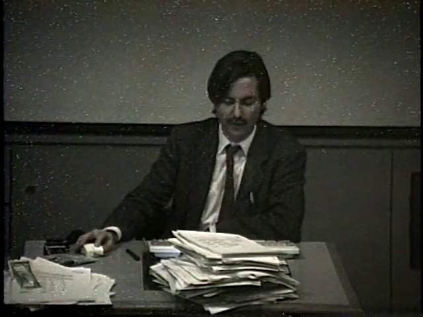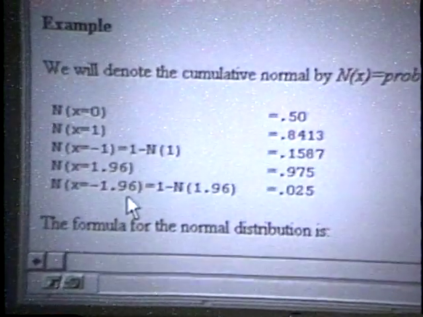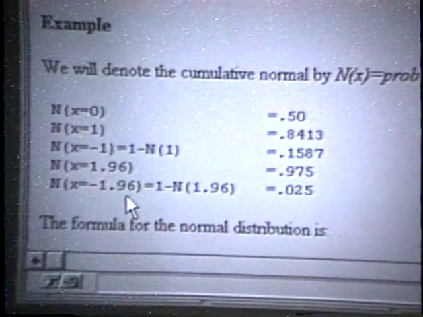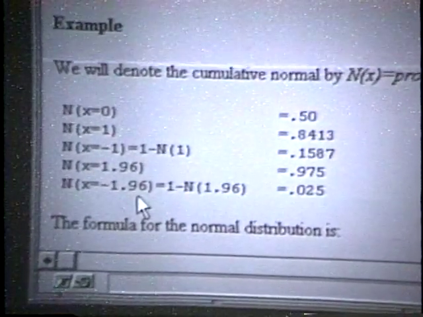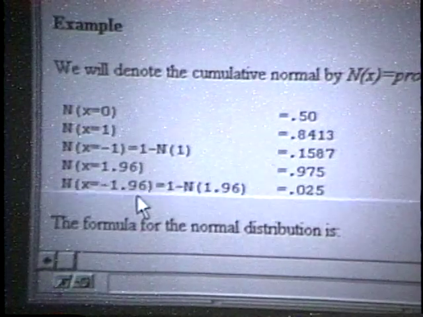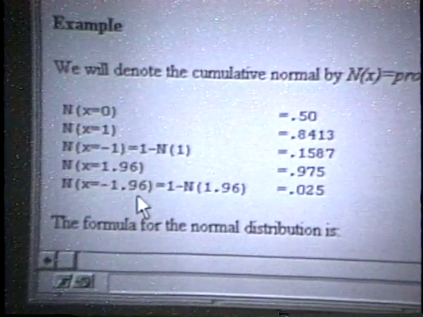Okay, well, we're actually going to use the cumulative normal distribution, which I'm going to denote with a capital N. The cumulative probability is going to use a standard normal distribution. So if you recollect, what's the value of the probability of achieving a value up to 1.96? 97.5.